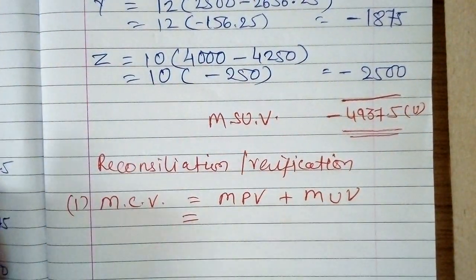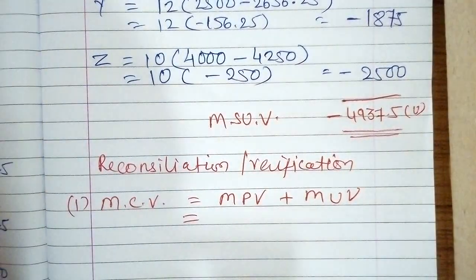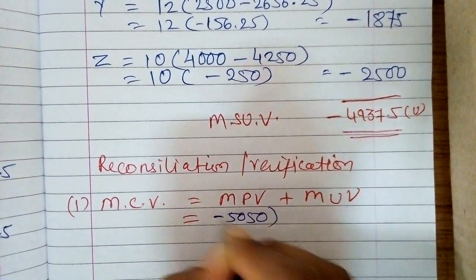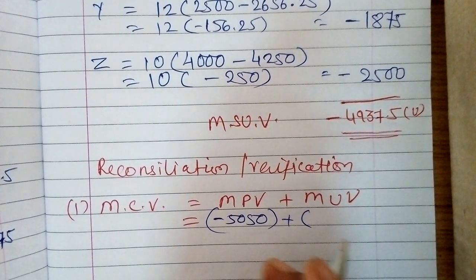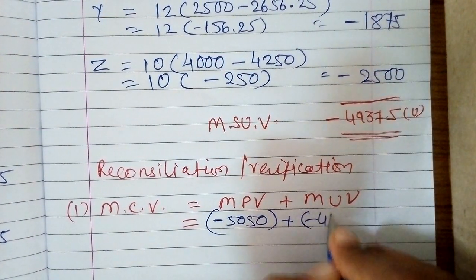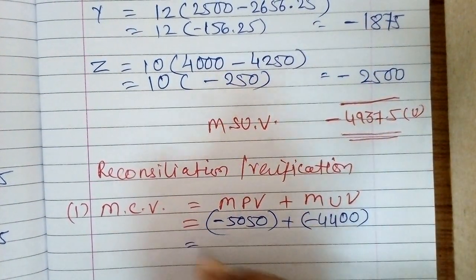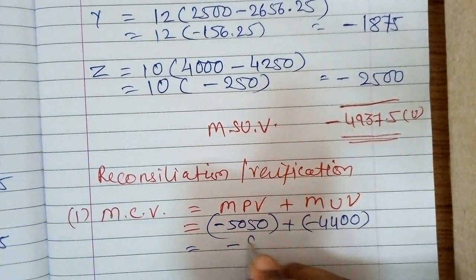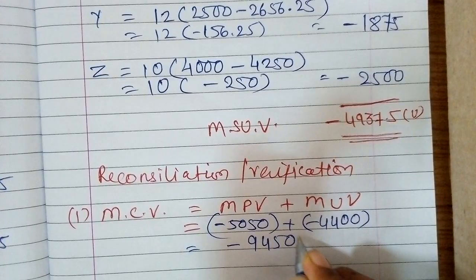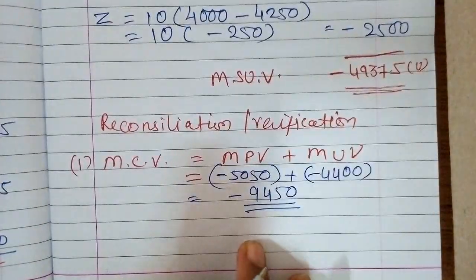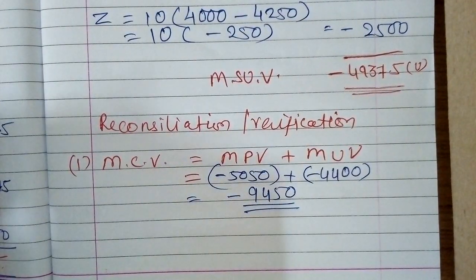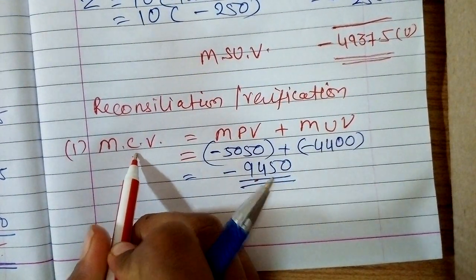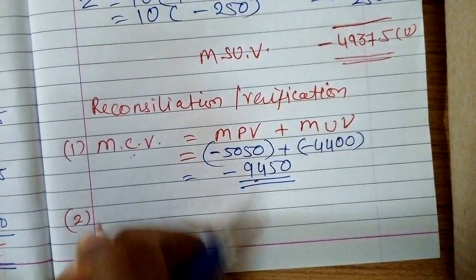So the answer of MPV is negative 5050 and answer of MUV was negative 4400. So by adding both of them we get negative 9450, and this is exactly our material cost variance. So if it is equal to your material cost variance, it means your calculation is correct.